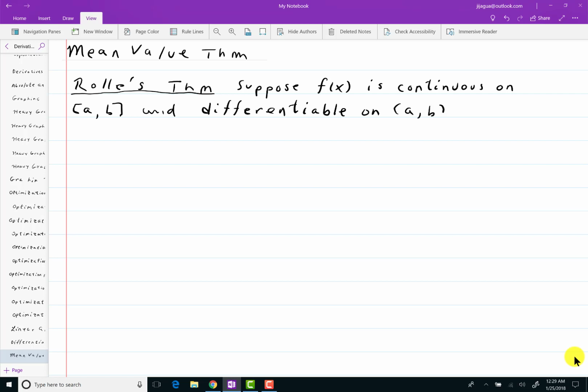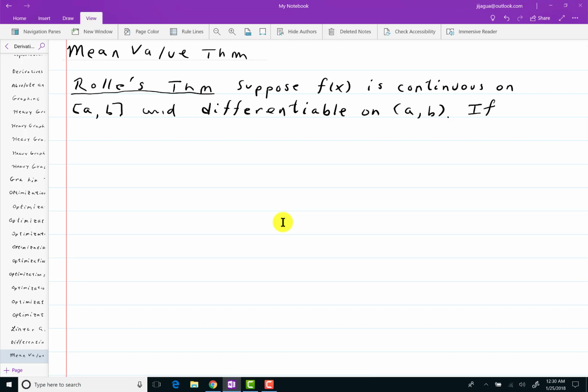You'll see this a lot, being continuous on the closed but differentiable on the open. That's because with continuity we talk about being left and right continuous at endpoints, but a lot of times with derivatives we need to have space around the numbers that we're dealing with.